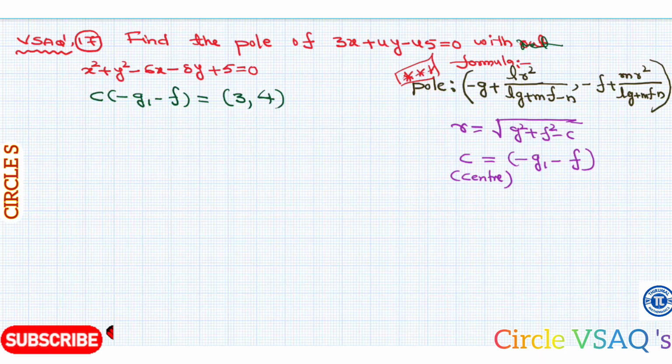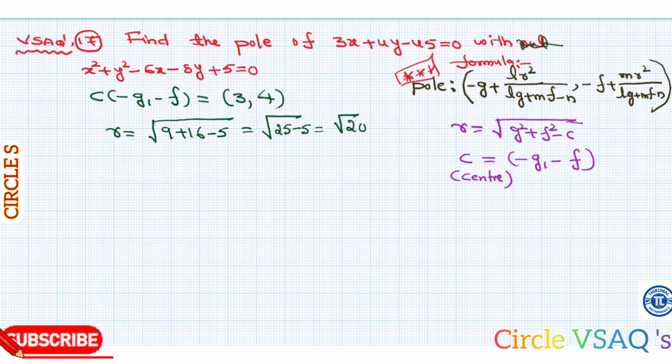Here 3 comma 4 is the center of the circle, and radius r equal to under root of g square plus f square minus c. The g value is 3 square is 9 plus 16 minus 5, is equal to root 25 minus 5, is equal to root 20. Here we require r square, so the root cancels, then we get r square value is 20.